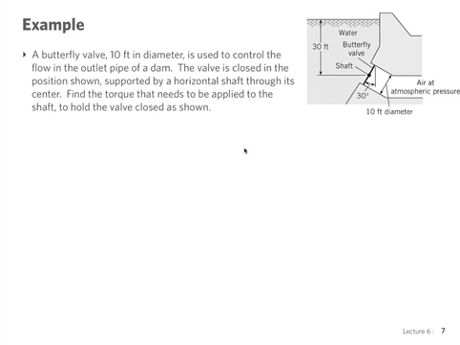This is a round pipe, of course. And the valve is closed in the position that's shown in the picture, and it's supported by a horizontal shaft which passes through the center, through the axis there. So find the torque that needs to be applied to hold the valve in its closed position.